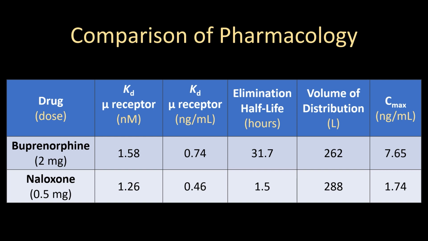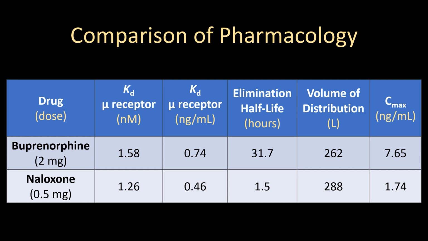So if I were to give an equal amount of each substance, just for argument's sake, by the IV route, they would each have about a similar likelihood of binding to the receptor, and of course they would compete with each other for binding. However, as you see here, buprenorphine is given at 4 times the strength of naloxone. This means that even immediately after injection, buprenorphine has the advantage over naloxone with respect to the likelihood of affecting the receptor.